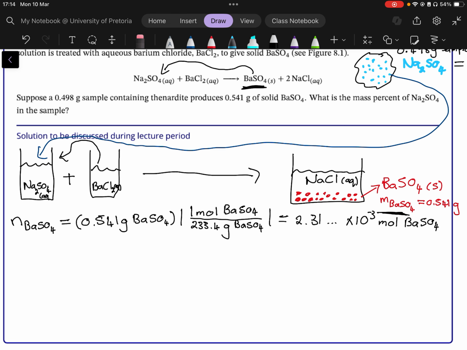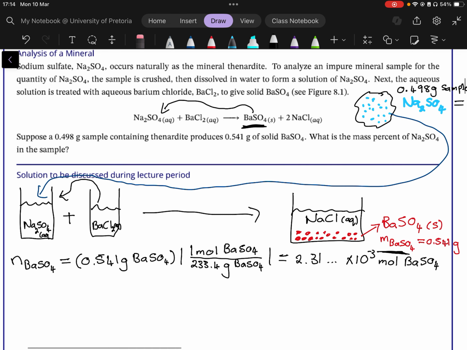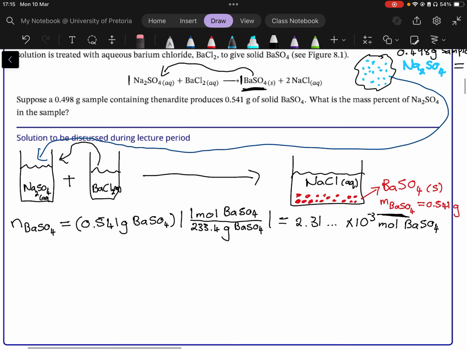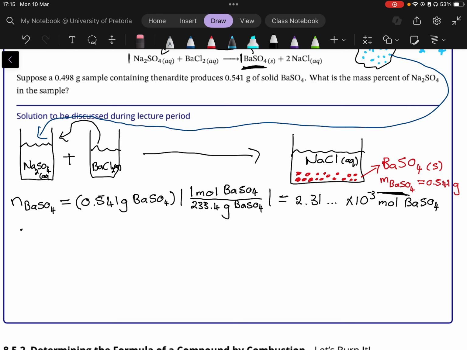Now, if we look at our chemical reaction, you see it's 1-to-1. So that means the number of moles of sodium sulfate is the same. You can immediately write it down because it's 1-to-1, so you don't technically have to do any manipulations.